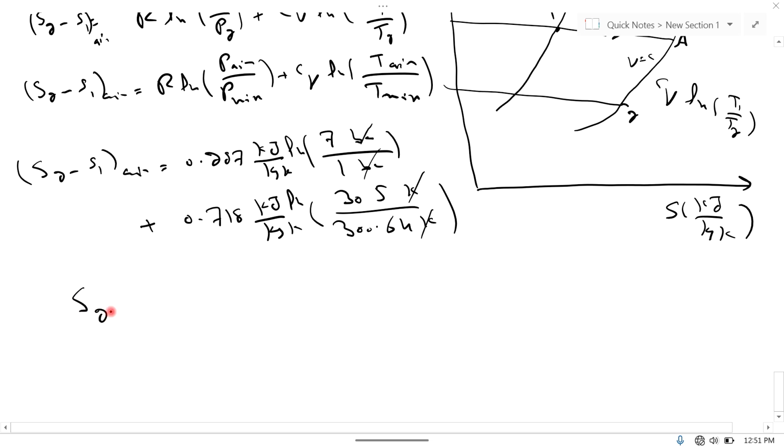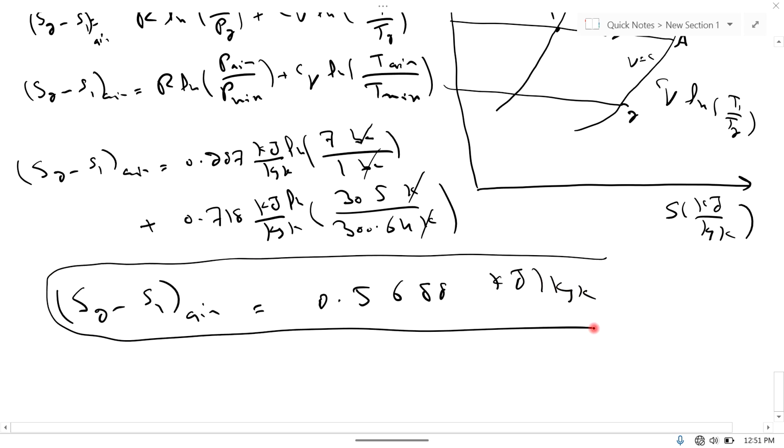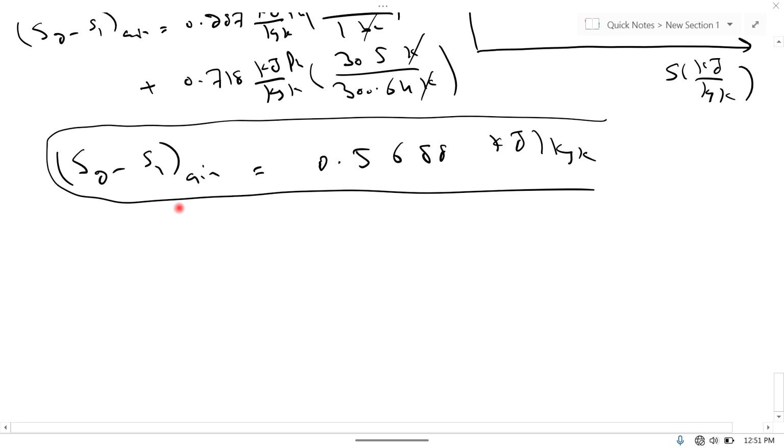Now this is a simple calculation. Calculate this per air. So per air this value is 0.5688. You can do this, 0.5688 kilojoule per kilogram per Kelvin. Now mass of air is given to us, so find total entropy.